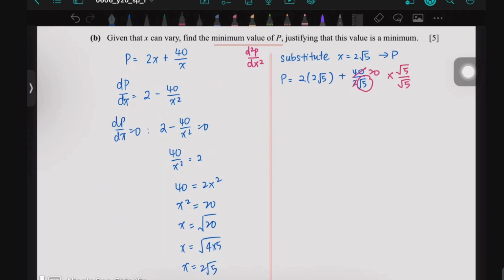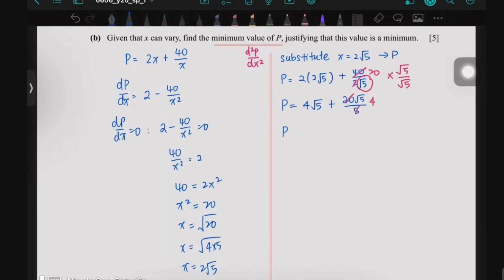Okay, I'm trying to work it out in the format of paper 1, that means without using a calculator, using surds. When we multiply across, I will get 20 root 5 over 5. Then I simplify one more time, I get 4 root 5.